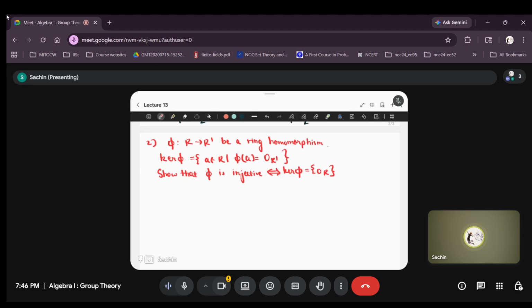That is, only one element goes to one image. If two elements have the same image, then they must have been the same element. We have to show that if it is injective, then the kernel of phi has only the zero element, or that if the kernel of phi has only the zero element, then it is injective. You can start with one direction first.